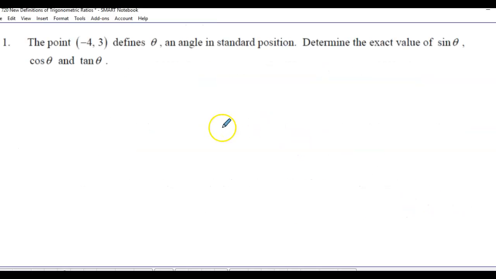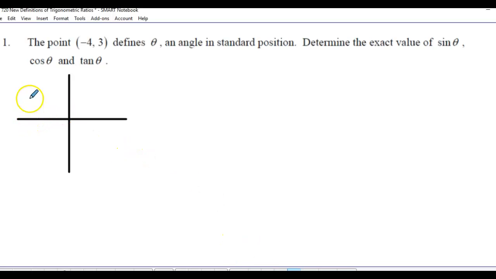Here's an example. The point -4,3 defines theta, an angle in standard position. So that means that point is on the terminal arm. Determine the exact value of sine theta, cos theta, and tan theta. So you want to draw an xy coordinate grid or axes and plot the point -4,3.